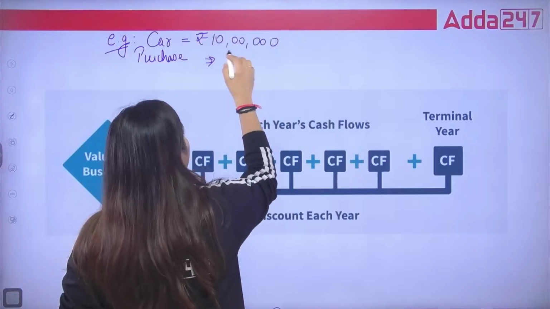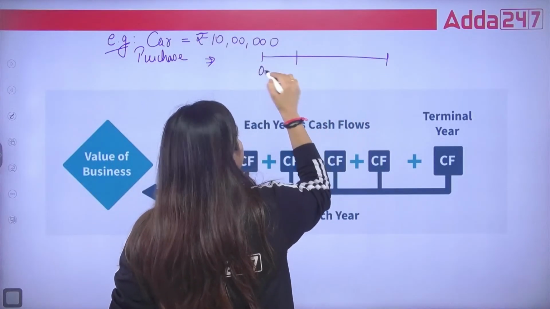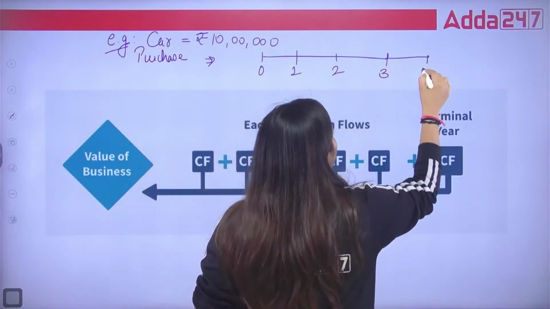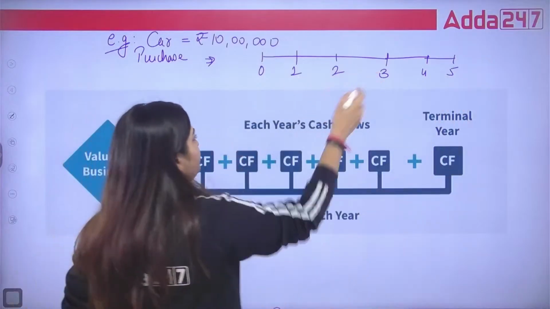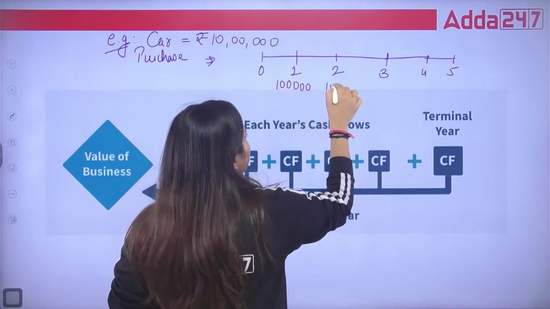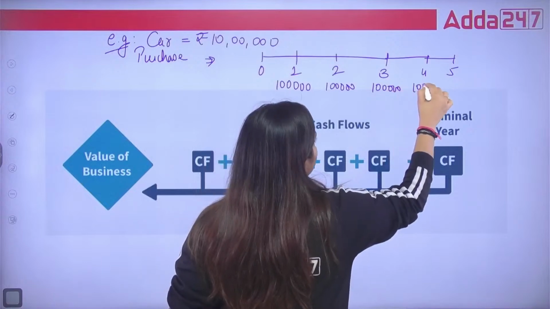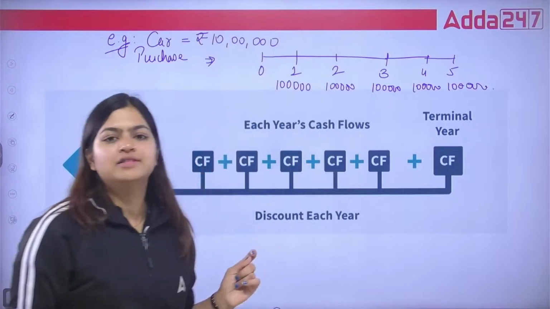So you told me you can generate income for 1 to 5 years. This is my 0 time period, 1, 2, 3, 4 and 5. Yes, during this 5 periods, every year I can generate 1 lakh, 1 lakh, 1 lakh. Okay, this is what I have received the answer from you.